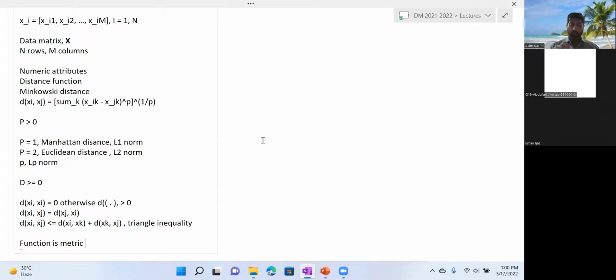Similarly, if we are trying to find the distance between two points and you go through some other path, that distance would be generally greater. So that is the triangle inequality. These three properties are desired in a good distance function, but in most clustering algorithms, it's not an absolute necessity. You might have some functions that are not truly metric, but still your algorithm would work.